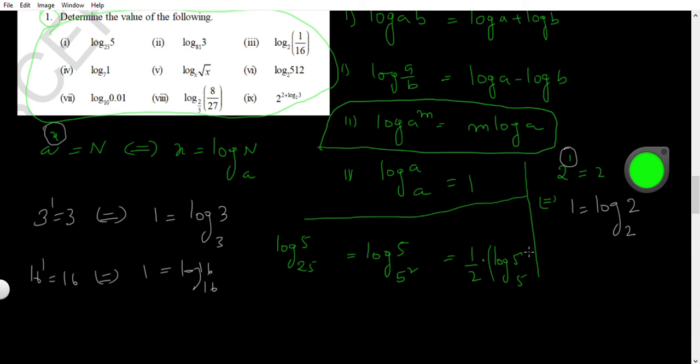I know the formula, logarithm of a base a value is 1. Therefore, this value is 1 by 2 times 1, that is equal to 1 by 2. This is the way to simplify this logarithmic value of 5 to the base 25. So similarly we can show it.